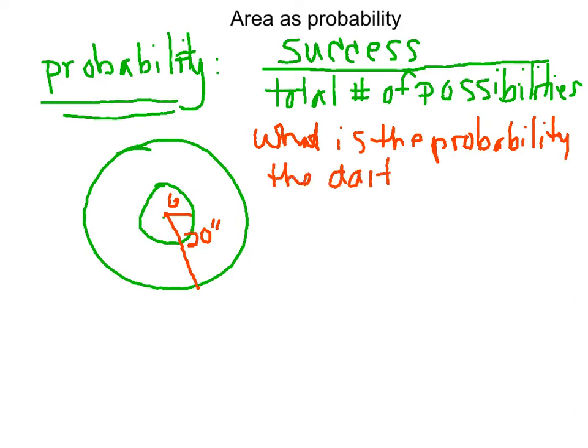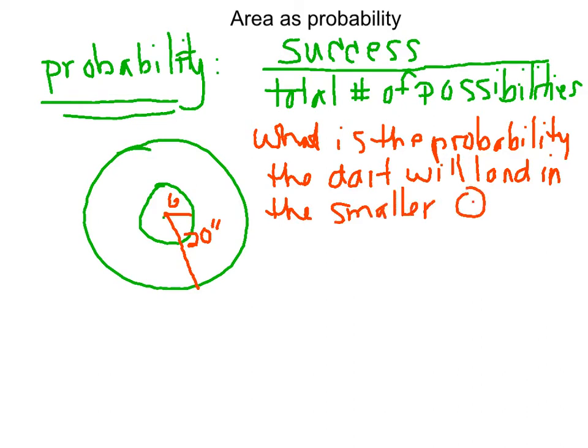So copy this into your notes. What is the probability that the dart will land in the smaller circle? I could put dots in it and call it the shaded region, but I just don't feel like it.